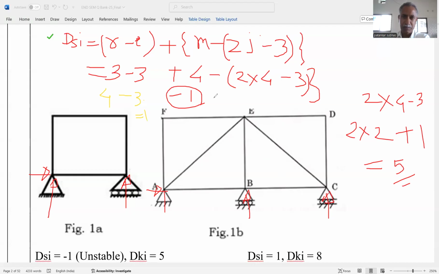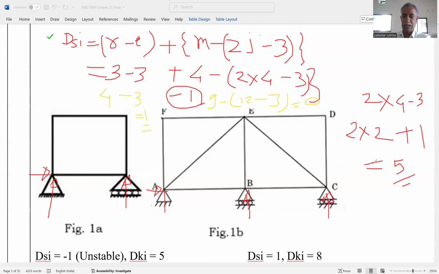There are 9 members, minus number of joints are 1, 2, 3, 4, 5, 6. 2 multiplied by 6, it is 12, minus 3. So 12 minus 3, it is 9. 9 minus 3, it is 0. And therefore, it is internally determinate but externally redundant with degree 1.